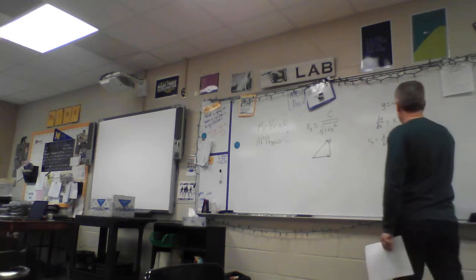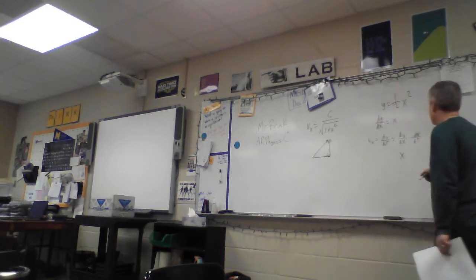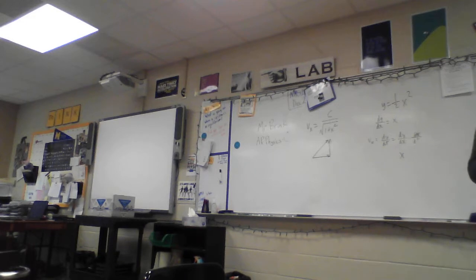So I know dy dx is x. dx dt is the same as what? This is change in x, which is a change in distance or position over change in time, and position over time is also called velocity.